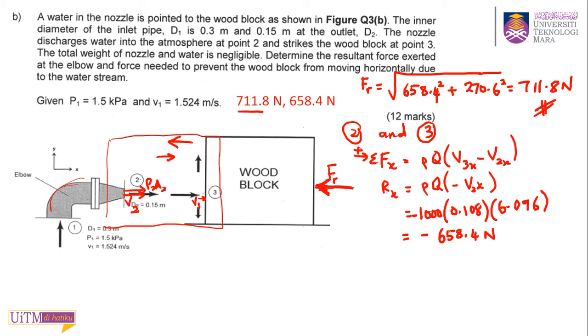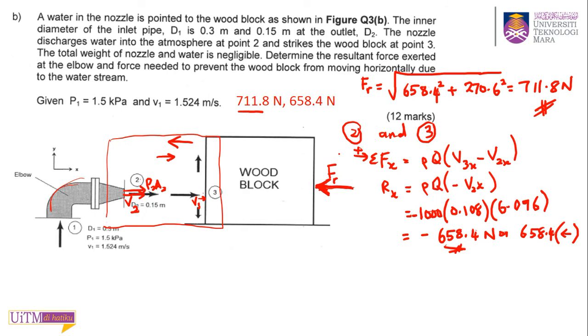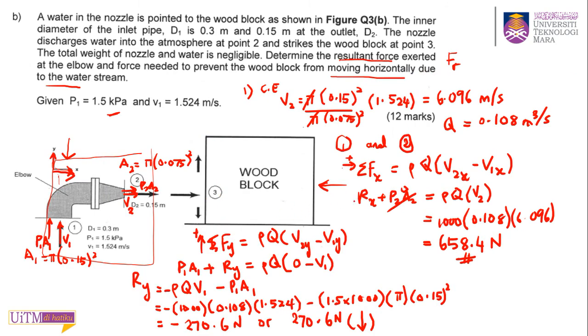So that's why your Rx is 658.4 in this direction. And if you look at this value, it is just the same as the value when you find this one. If you're clever, you don't even need to calculate this, because it must be the same as this one, the Rx that comes out to there.